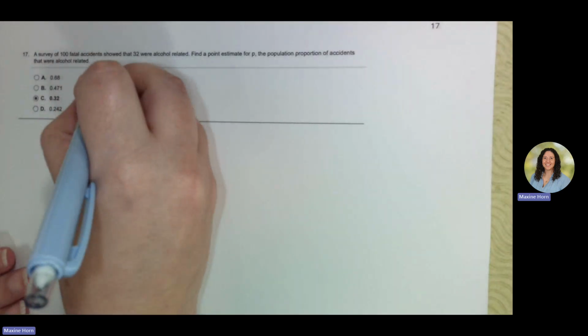Okay. A survey of 100 fatal accidents, that's an N, showed that 32 were alcohol related. Find the point estimate for P, the population proportion of accidents that were alcohol related. On one of the previous questions, it was asking what is the best unbiased estimate for the population parameter?